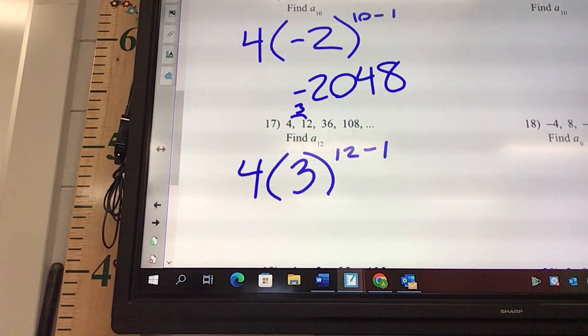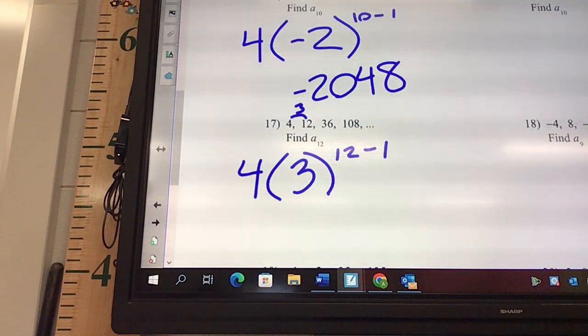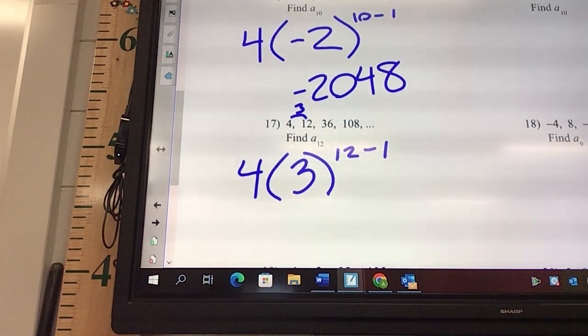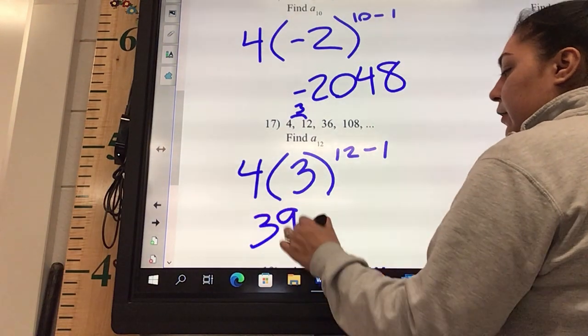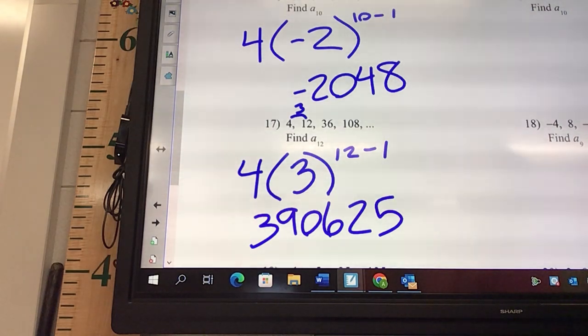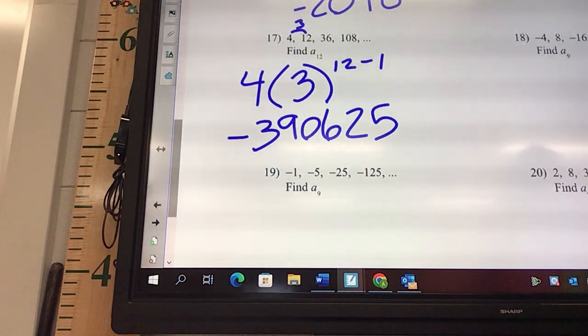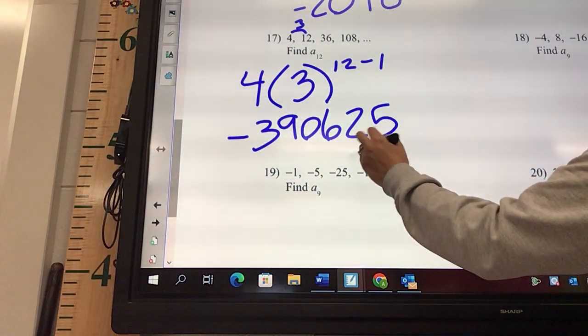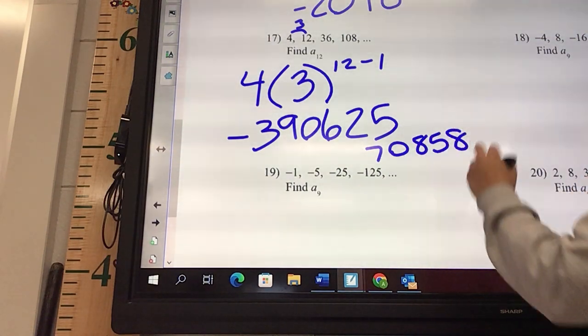This one would be 4, parentheses, -2, and that's another number. So that's the only difference. Somebody just read me the number. 390625. Hold on. That's wrong. What do you got? 708588.